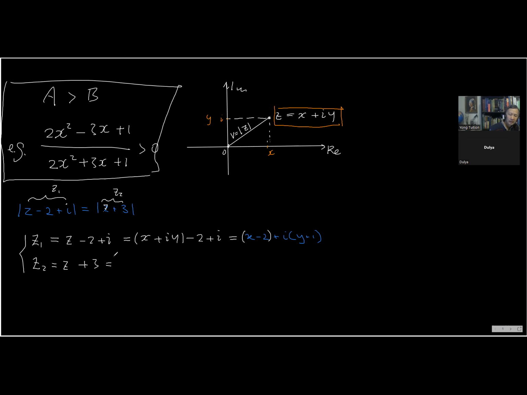So this z is also equal to x plus iy, do you agree? In addition, they got the real part, 3. Can we just put the real parts together to see what we can do about this question? Yes, that's the real part.